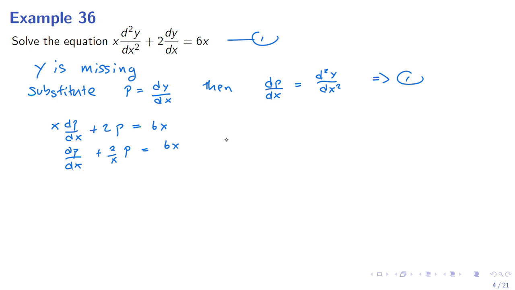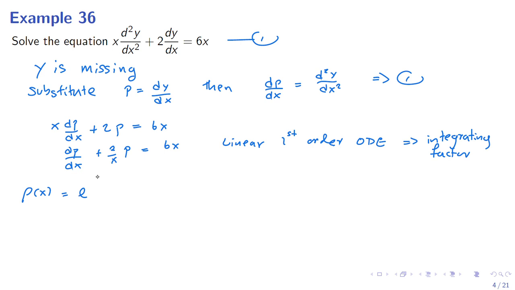So this is a linear first order ODE, and we can use the integrating factor method. Okay, so our integrating factor rho of x will be e to the integral of the p function, whatever the coefficient in front of this little p, so 2 on x dx.